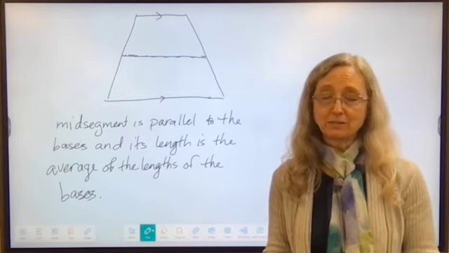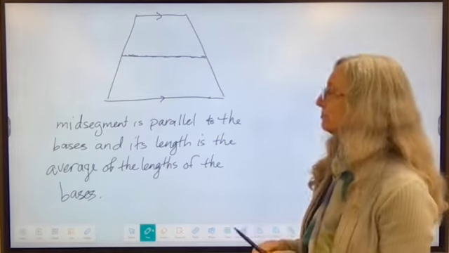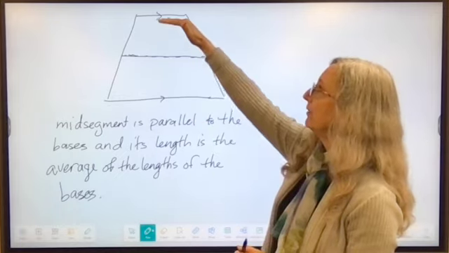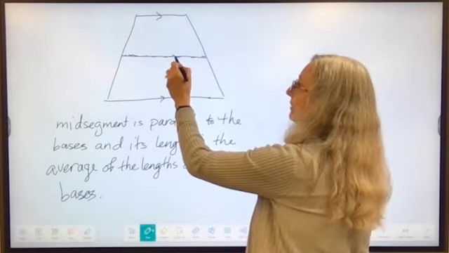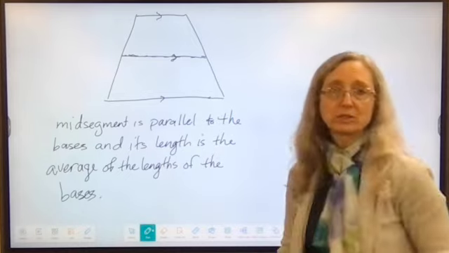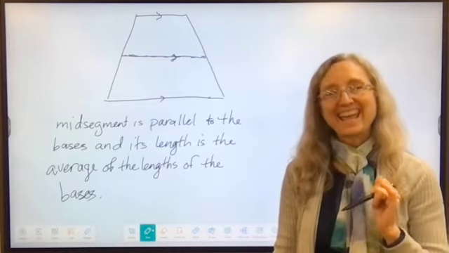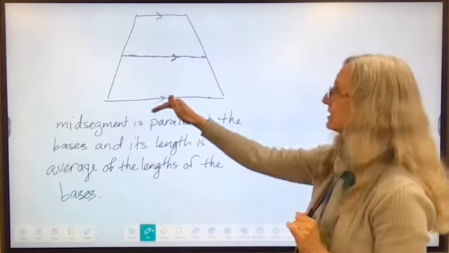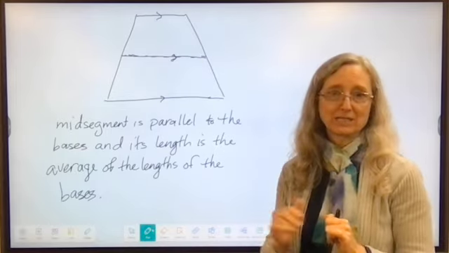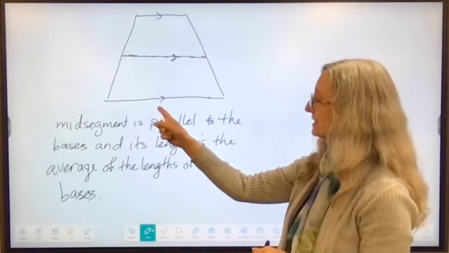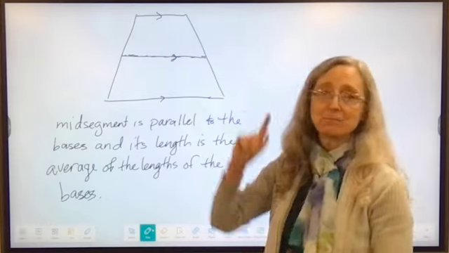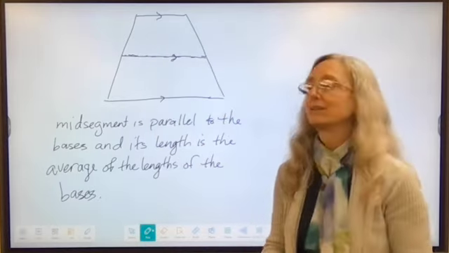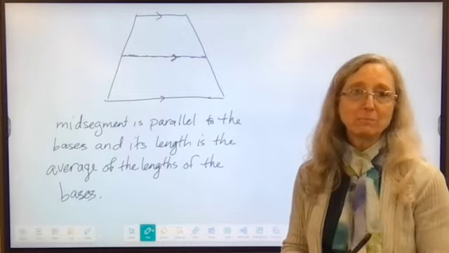If you have a mid-segment in a trapezoid, the mid-segment will always be parallel to both of the bases. So it's also going to be parallel. And its length is the average between the lengths of the two bases. So if I take this base plus that base, divide it in half, that would give me the length of my mid-segment.